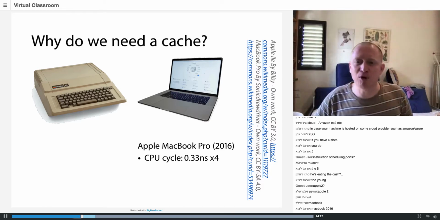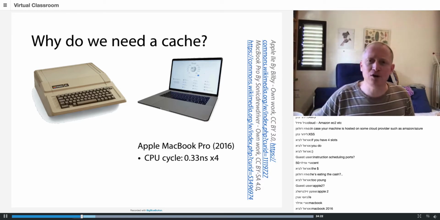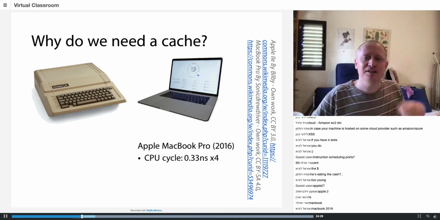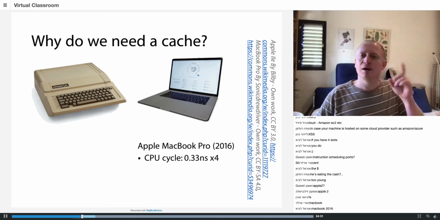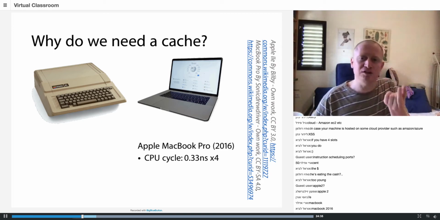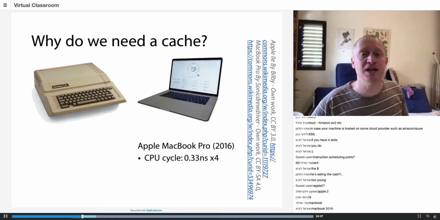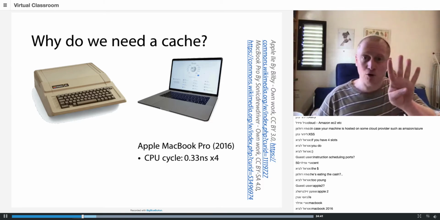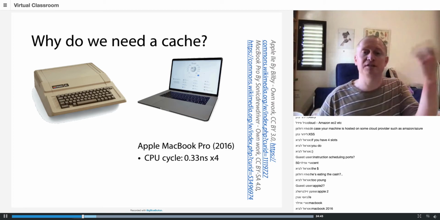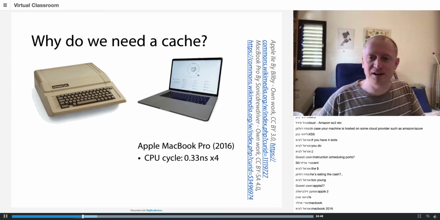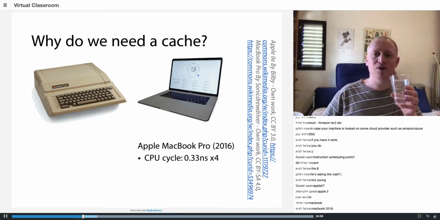This MacBook Pro has a 3 gigahertz CPU. 3 gigahertz means that every second it executes 3 billion instructions, so the cycle time, each instruction takes 1/3 of a nanosecond. And it has 4 cores, so it actually does an instruction 4 times every 1/3 of a nanosecond.